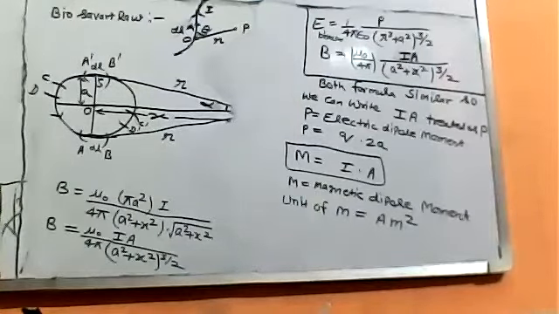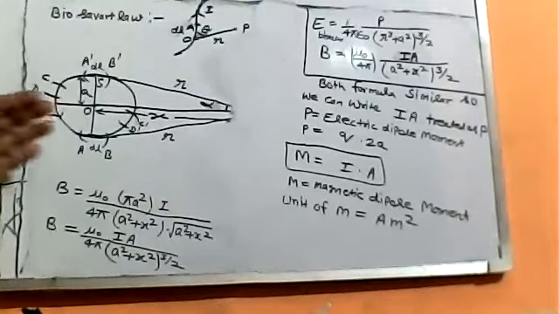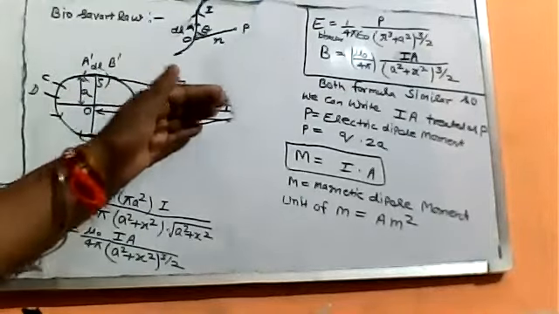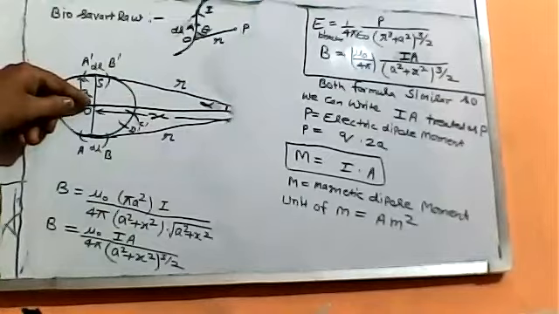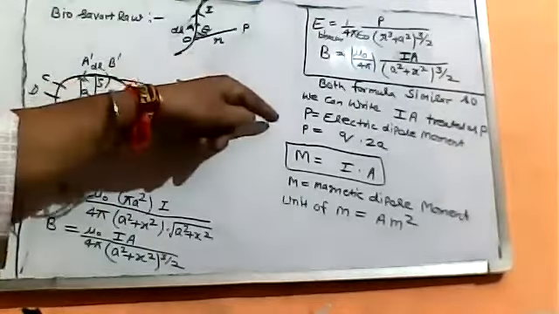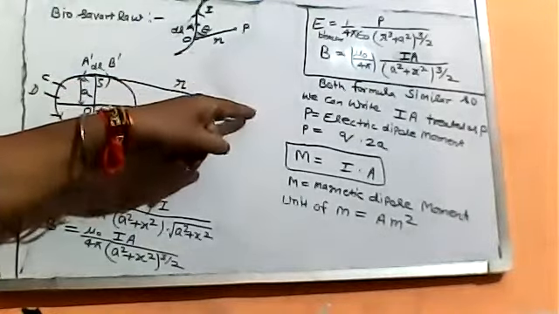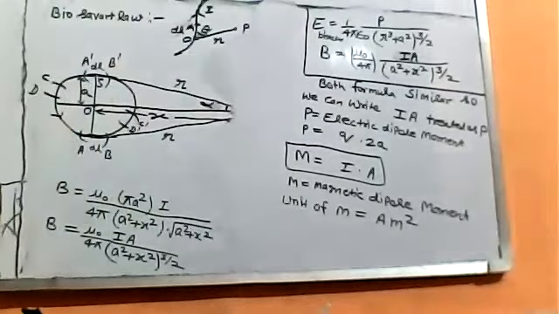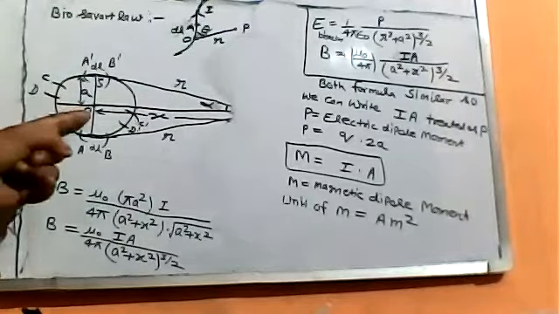Now tell me, I want to find the magnetic field intensity at the center of the coil O, not at point P. See on the board. What will be the formula for the magnetic field intensity at the center of the circular coil? You can easily find the O to P distance.